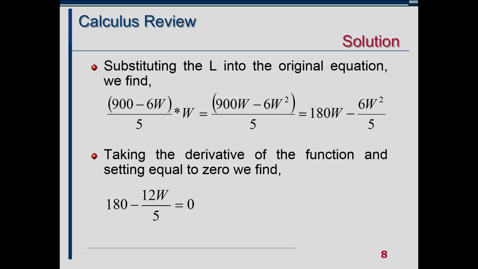And I've done that in this slide. So substituting the L into the original equation, we find 900 minus 6W over 5 times W is simply going to be equal to 900W minus 6W squared over 5. When you reduce it out, you get this equation here. Okay? So this is the equation that we are left with.